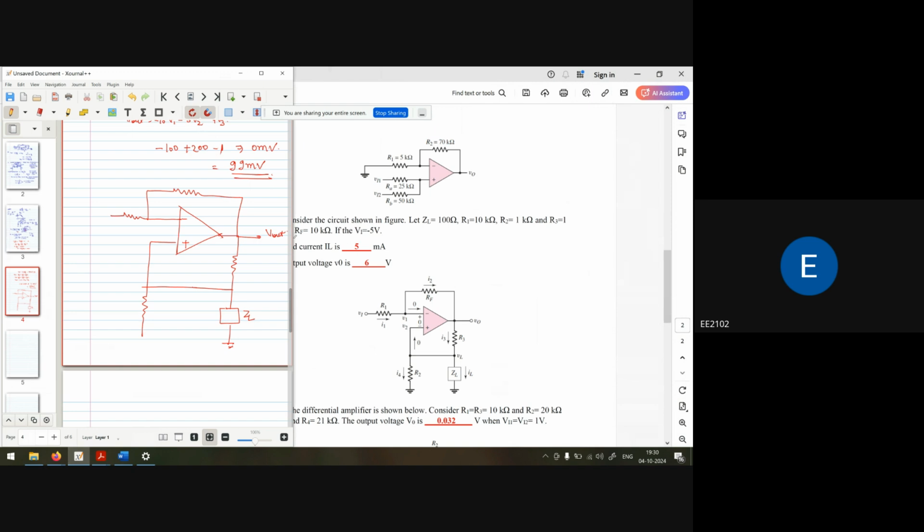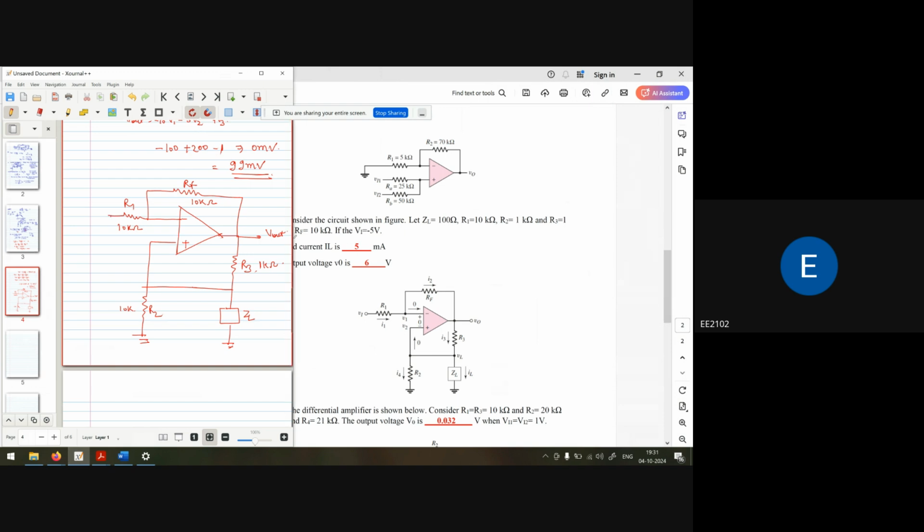It is the RS, R1, R2, R3. The value of RF is 10K, 10K, R2 is 10K, and R3 is 1K.